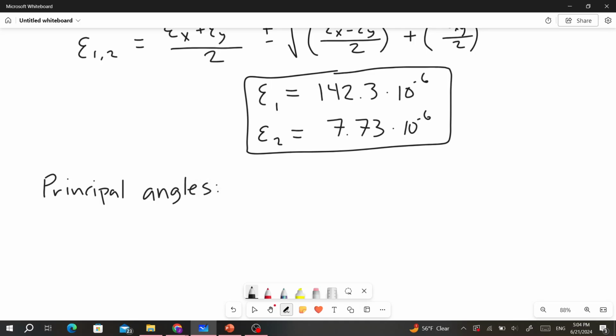So for the principal angles, we're going to use the equation: the tangent of 2 times theta p is equal to gamma xy over epsilon x minus epsilon y.